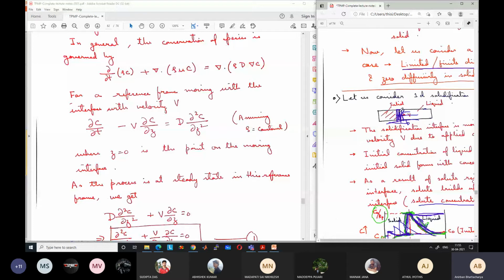It's difficult to draw here, but I will try to draw. Say you are moving with the reference frame, and this is your z equal to 0 point. So from your viewpoint, you always see the concentration like this in the liquid, and in the solid, the concentration is always like this. Just wait for a minute, I will explain.